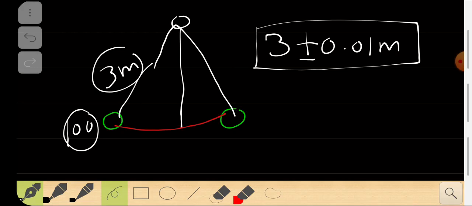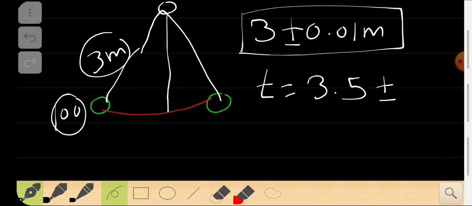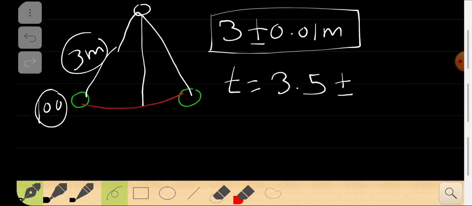Now I took this bob and swung it and measured the time, and I got a time of 3.5 seconds, and I had some lag, so maybe an uncertainty of 0.1 seconds, right? So this is all I have.